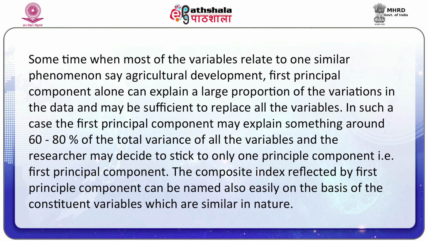In such a case, the first principal component may explain something around 60 to 80% of the total variance of all the variables, and the researcher may decide to stick to only one principal component, that is first principal component. The composite index reflected by first principal component can be named easily on the basis of the constituent variables which are similar in nature.